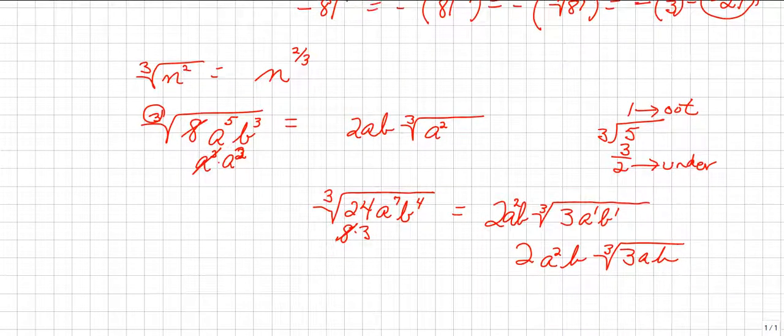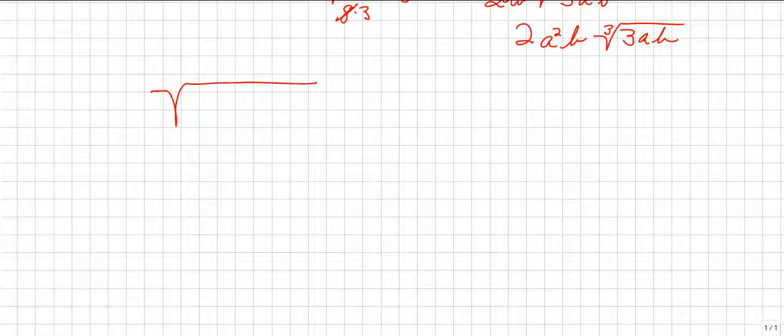Alright, now we're going to simplify some radicals using those fractional power properties. We'll start with the cube root of 2 to the 9 pi power. So the easiest way to simplify this is to rewrite it as a fractional exponent.